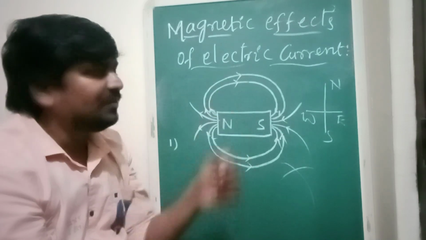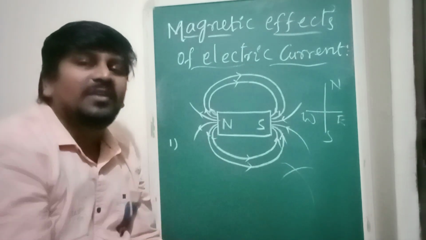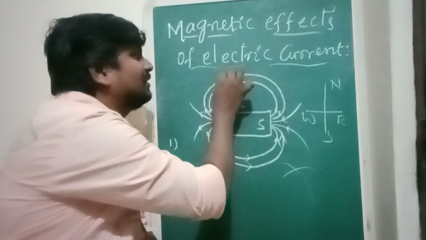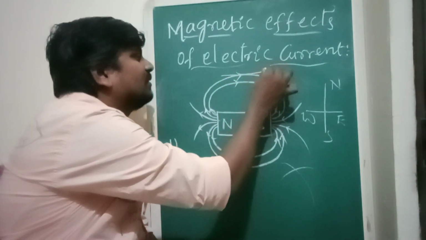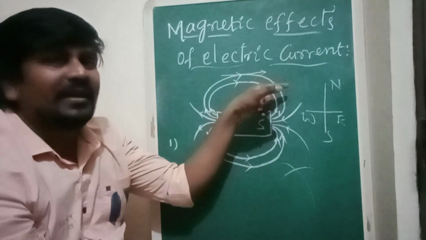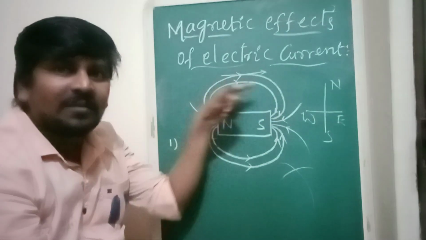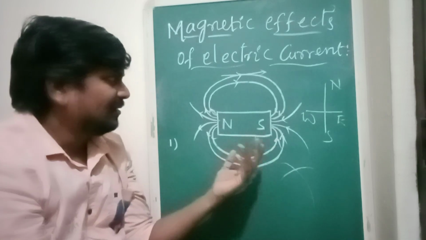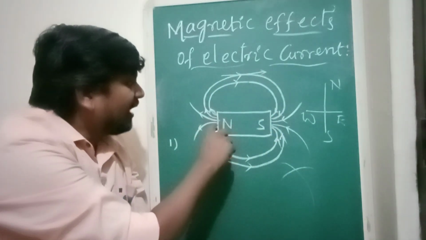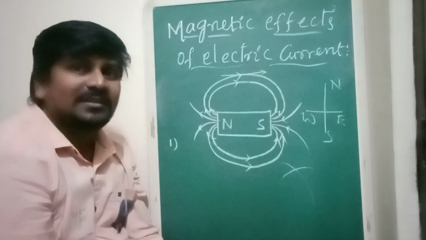So the direction of the magnetic field lines at a particular point: how can we find it out? If you draw a tangent to the curve like this, at that particular point along that direction, the field will be there. Student: Sir, you are asking about the tangent, so can we draw like this? No. The magnetic field direction is north to south, so why along the tangent?